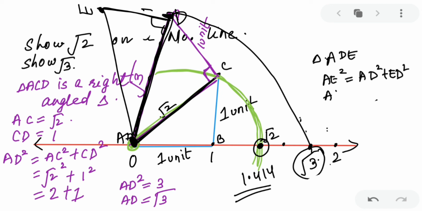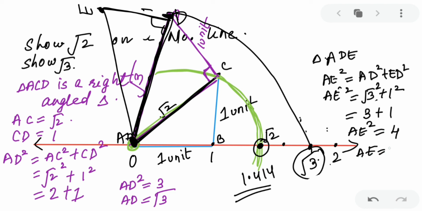So AE square is equal to AD, here you have root 3, the square of root 3, and ED is again 1. So root 3 square is 3 plus 1 square is 1. That means AE square, you are getting it as 4. What will be AE then? It will be root of 4, that is 2.